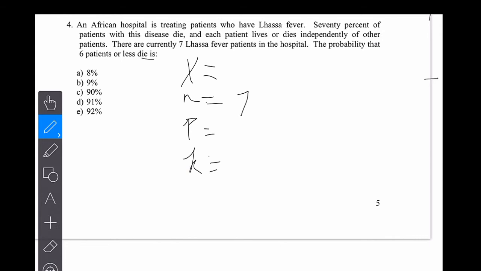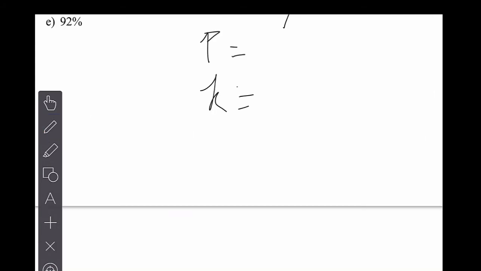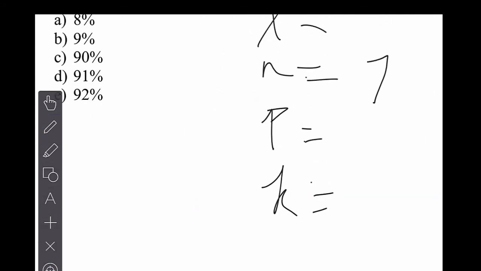So the success is going to be defined as, unfortunately, death.